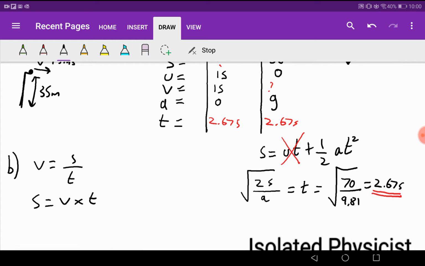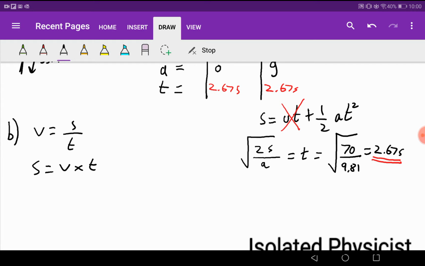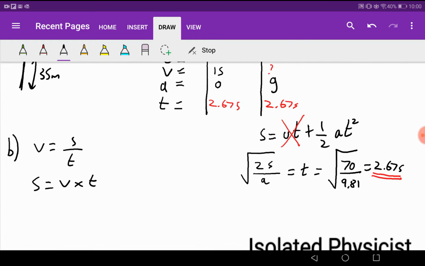Because the speed doesn't change, because it's going at 15 meters per second for 2.675 seconds. So we know that S horizontally is going to be 15 multiplied by 2.675, which is 40 meters.